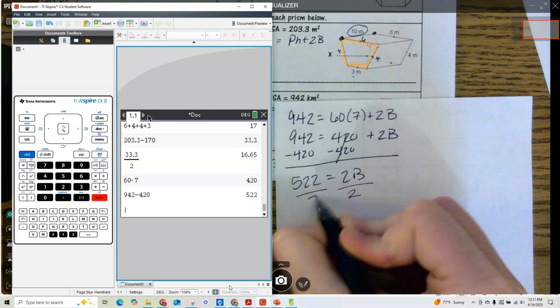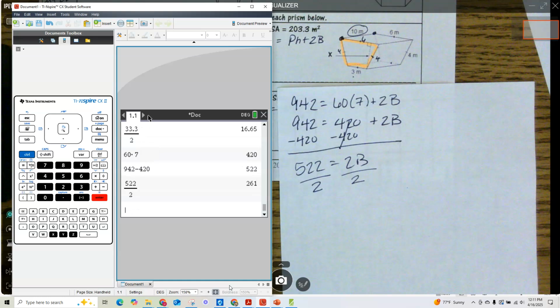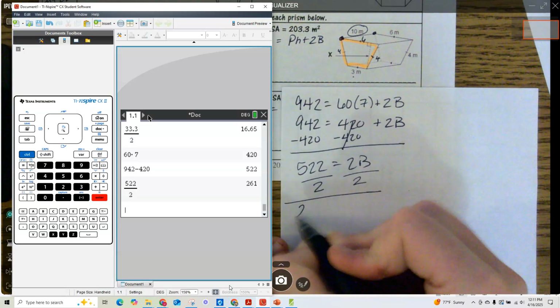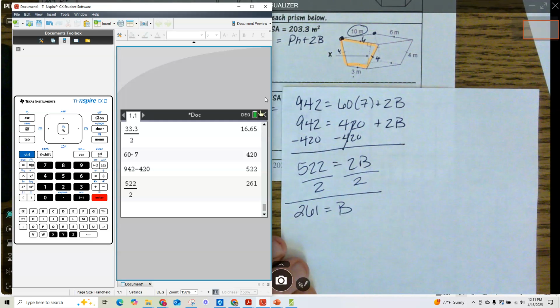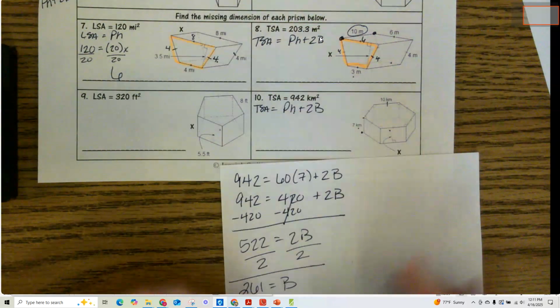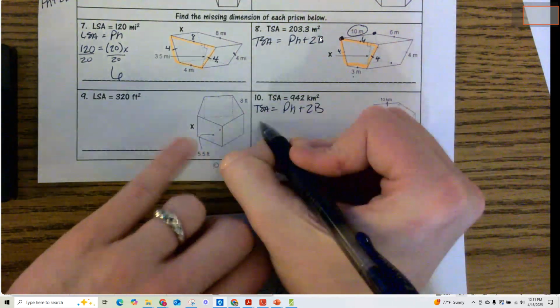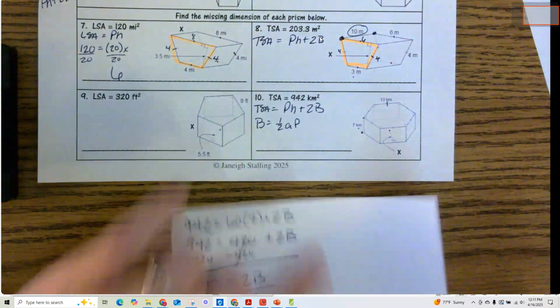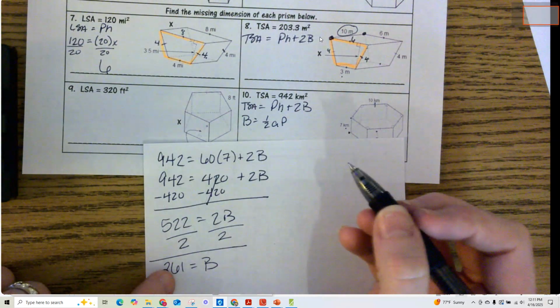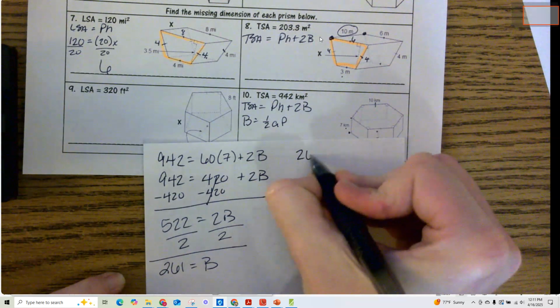And then divide both sides by 2. So 261 is my big B. Big B in this situation is half little a big P. So I know what my big B is. It's 261.